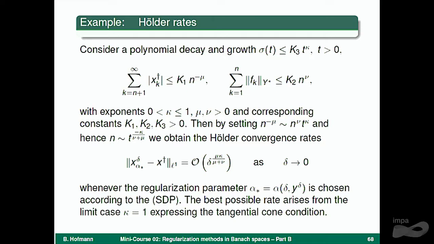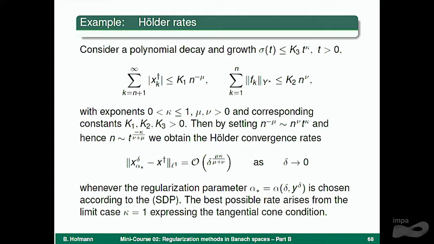You say the rest components, let's say all components from the n plus first until infinity, have a decay like n to the minus mu. It's a realistic situation. And the sum of these characteristic elements in this source has a growth like n to the plus nu. Moreover, we assume that this sigma, the nonlinearity, has such a growth like t to the kappa.